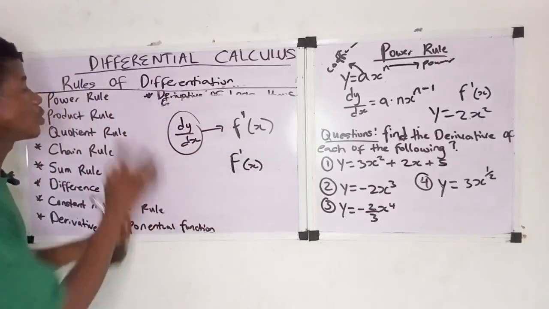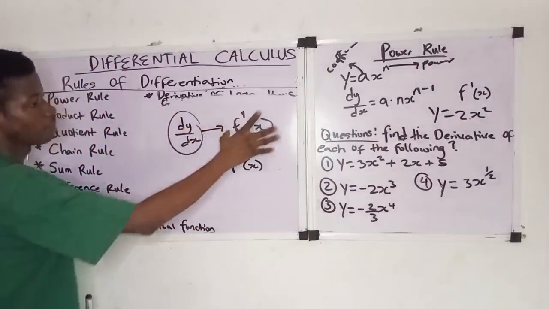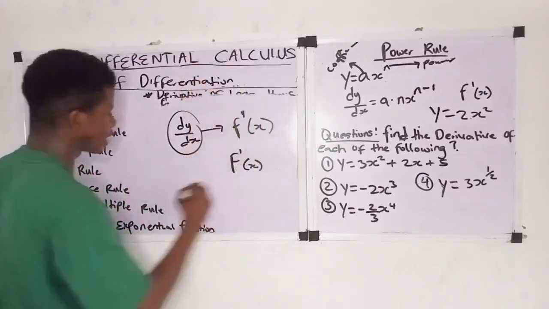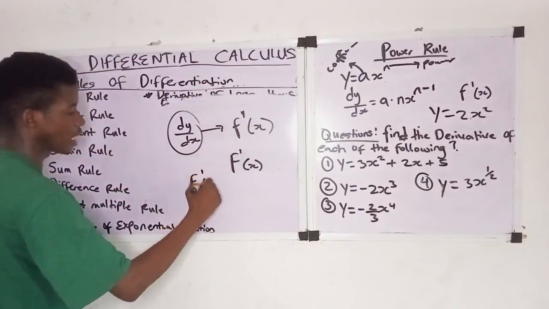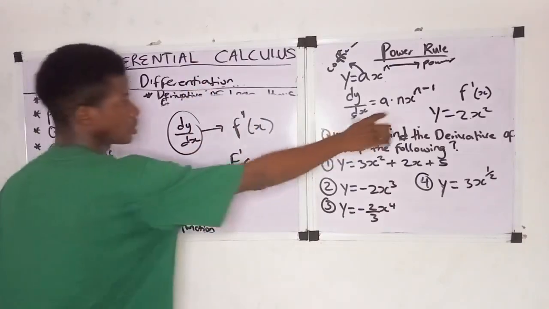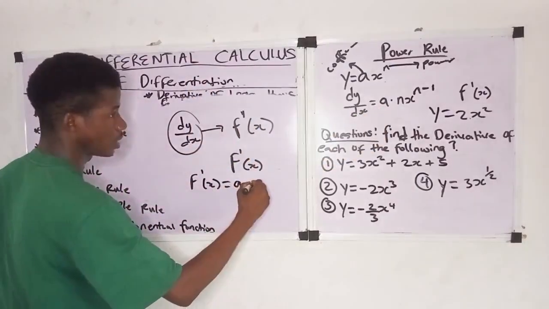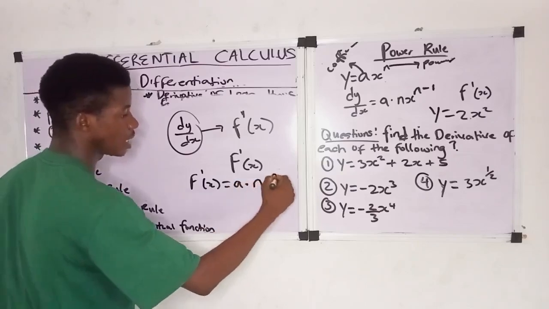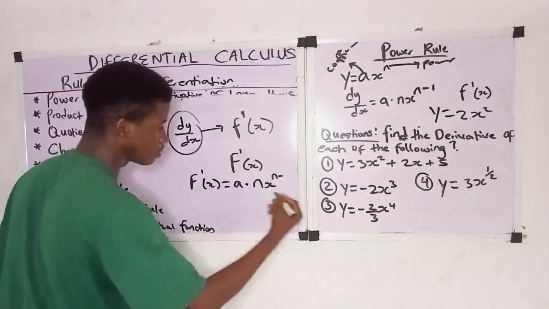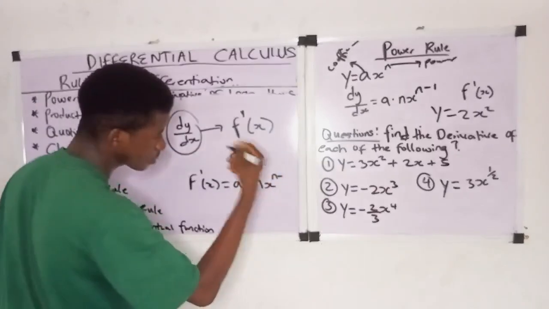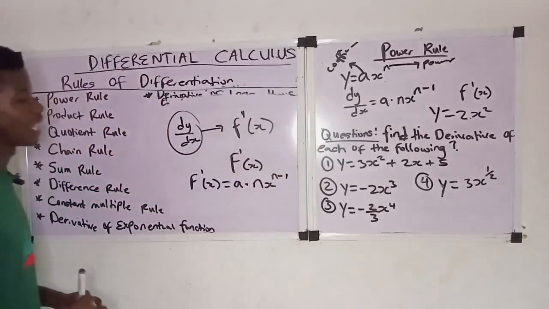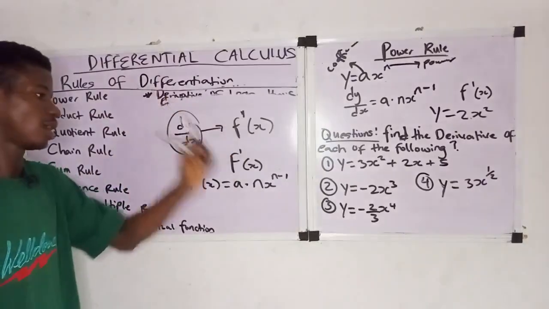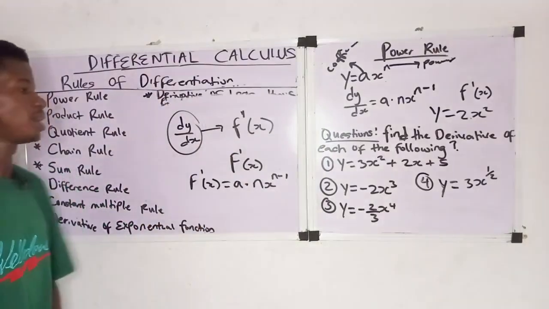So in place of dy over ds, I can put f prime of s, which is equal to a times n times s raised to the power n minus 1. So dy over ds is the same as f prime of s.